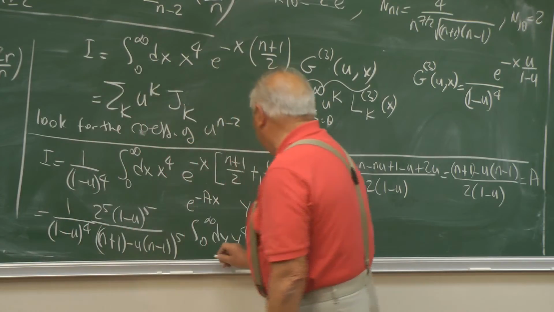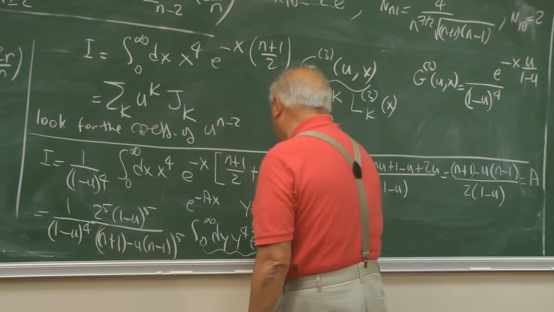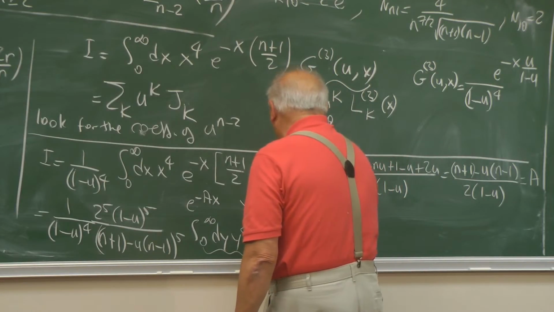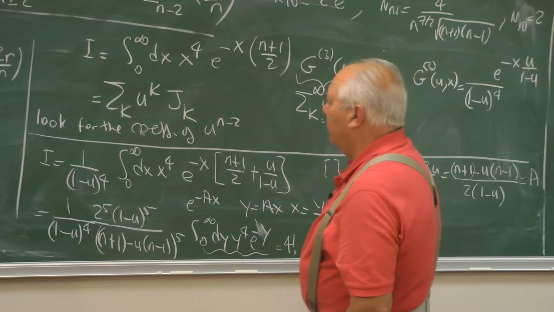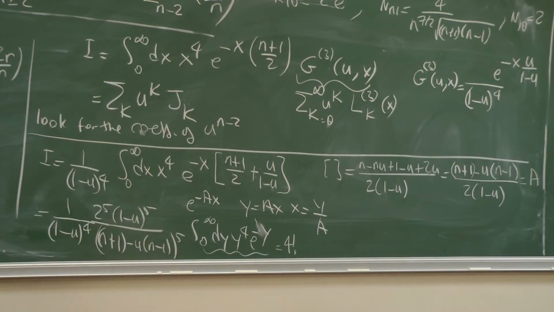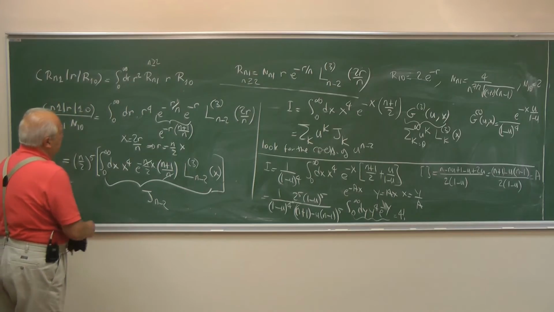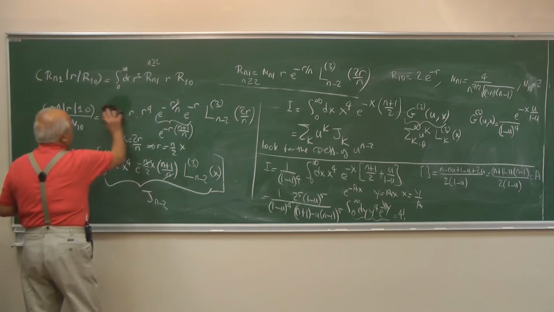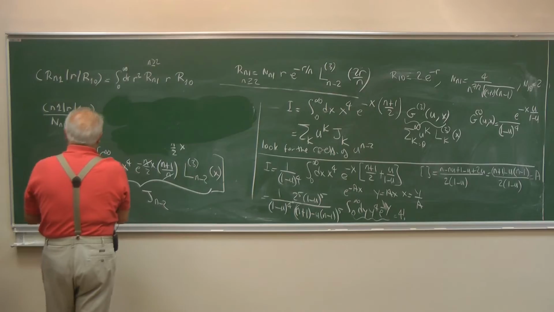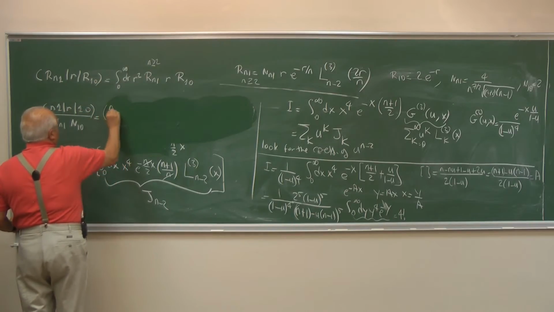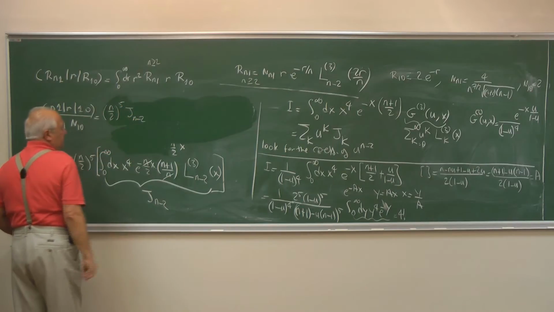And this integral is gamma of 5, or 4 factorial. So this integral is equal to 4 factorial. Now I will erase something. Before erasing, let me just shorten it here, and then we'll clean the blackboard. This is n over 2 to the 5 j n minus 2.